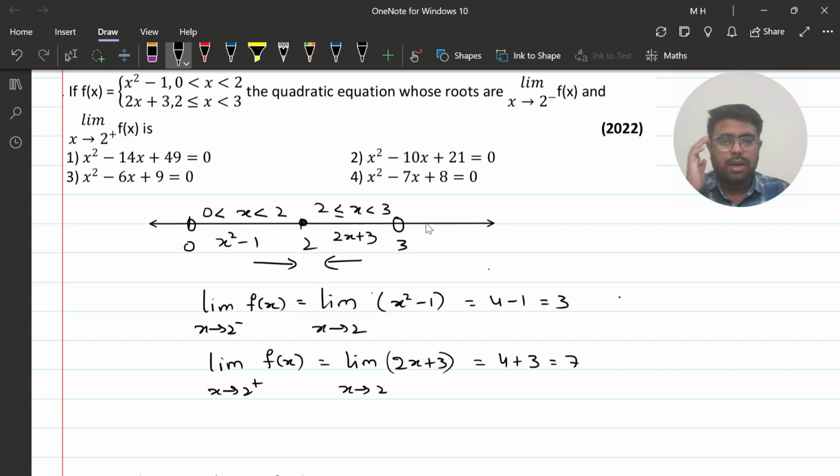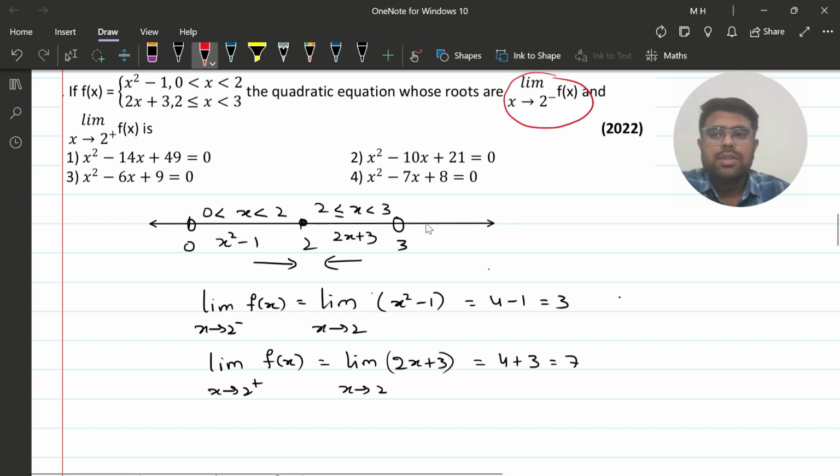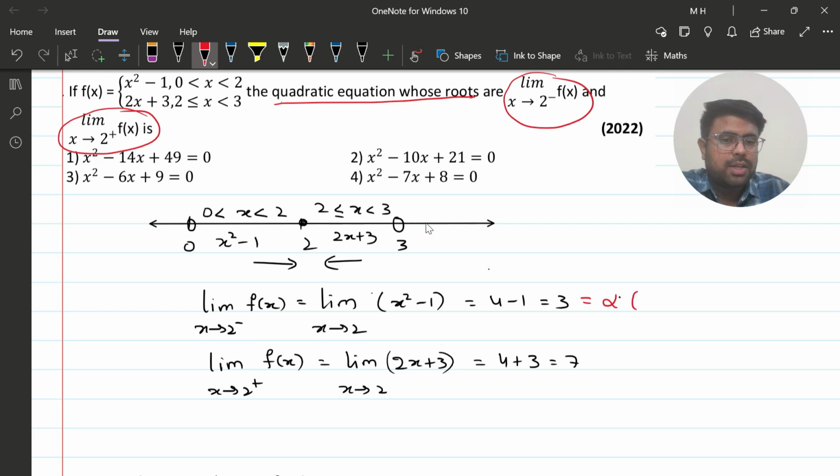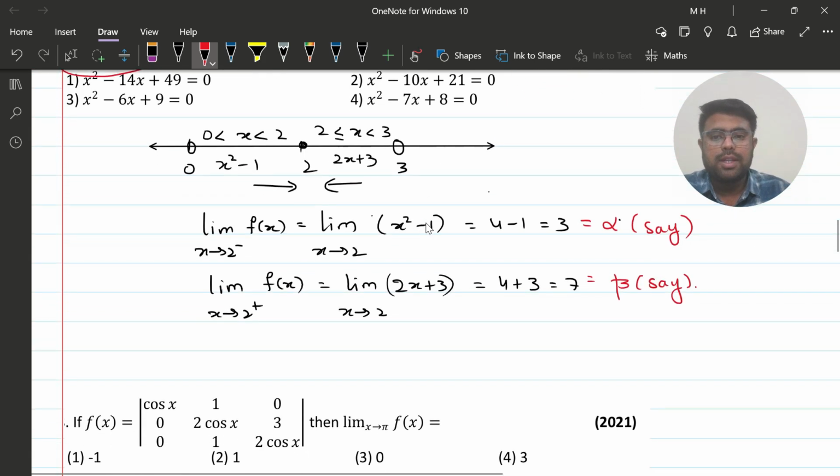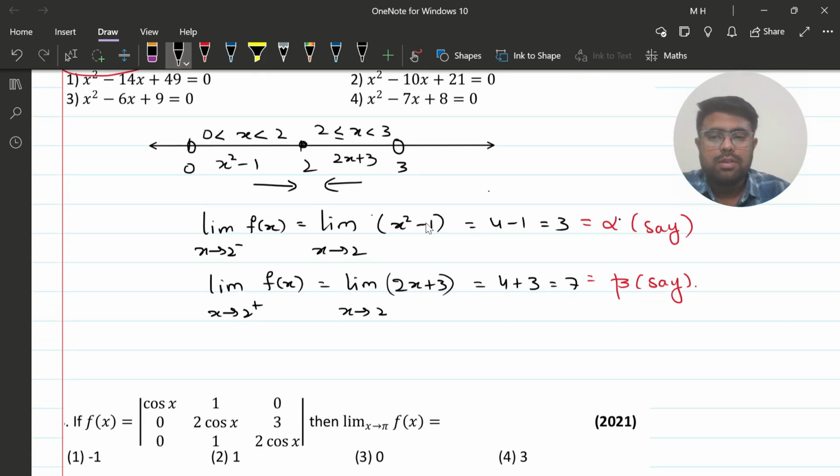So this is what we have, and what they are saying is this limit and this limit have to be the roots of a quadratic equation. So let us call this as alpha, and this as beta. If we call one of the roots as alpha and the other one as beta, then we have the quadratic equation, which is x square minus alpha plus beta times x plus alpha beta is equal to 0.